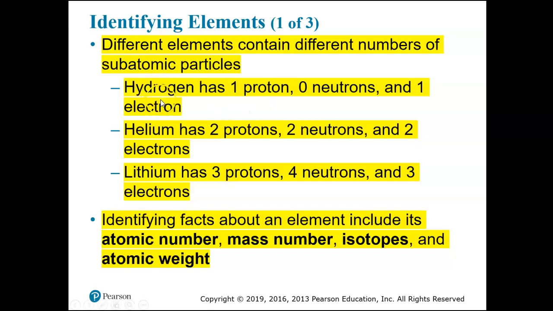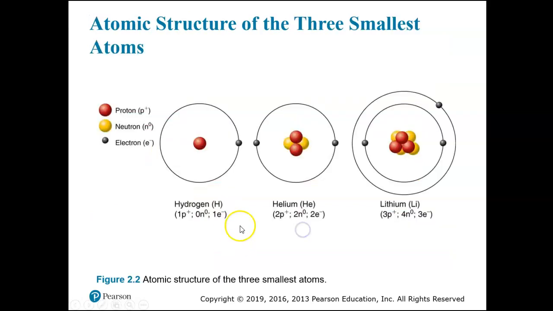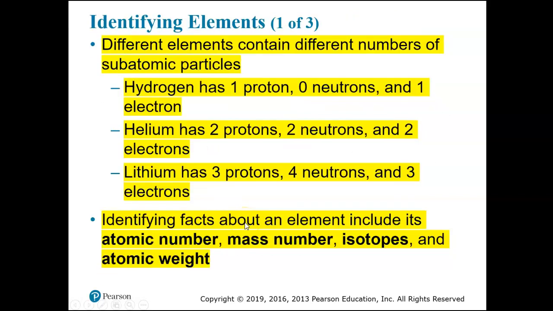All right, so we have some different elements that have different numbers of protons, neutrons, and electrons. And I can look at those numbers and tell you some things about those elements. Hydrogen, for example, has 1 proton, no neutrons, and 1 electron. So the proton tells you the atomic number for hydrogen. Hydrogen's atomic number is 1, and its mass number is also 1 because you add the protons and neutrons together for the mass number. Helium has, again, an atomic number of 2 and a mass number of 4.